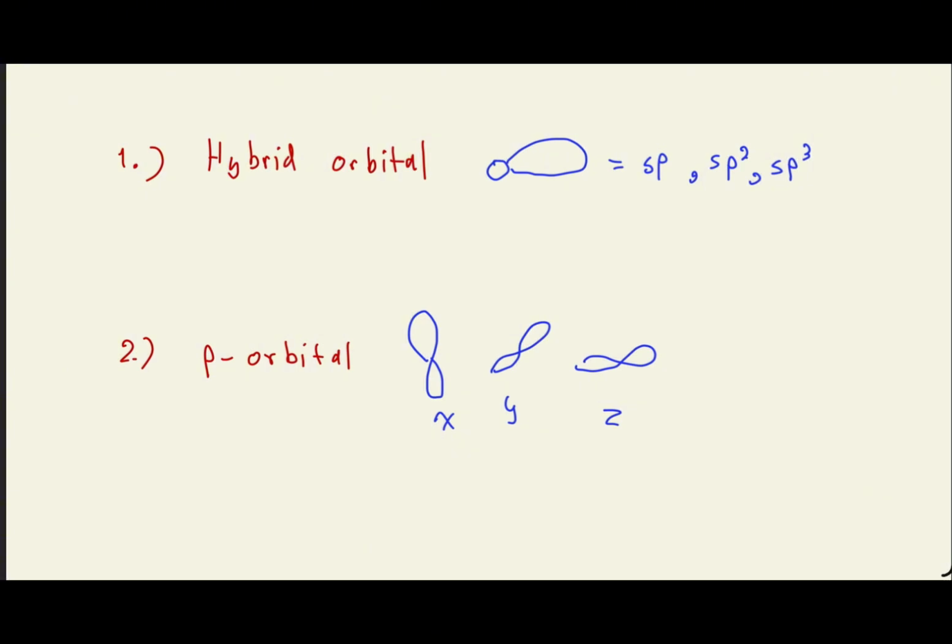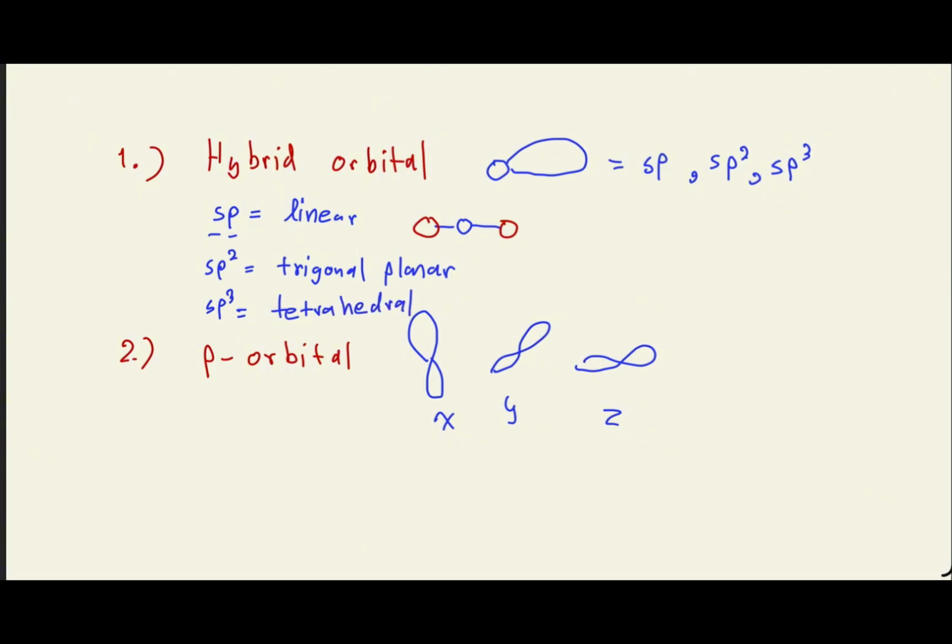This matches covalent molecular shapes. For sp, it is linear. This means it has two atoms attached. For sp2, it is trigonal planar, and sp3 is tetrahedral.